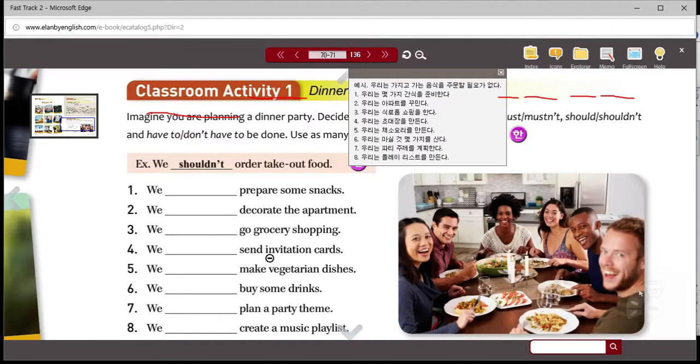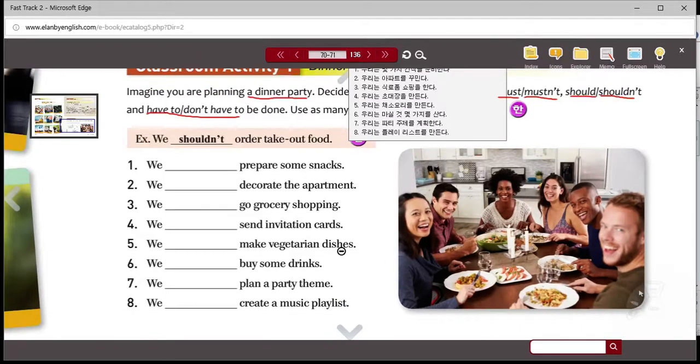Shopping, you might send out a card that would invite somebody, saying you are wanted to come to our party. Vegetarian dishes, okay, so basically a dish that is made without meat, as opposed to vegan, which is without any animal products.